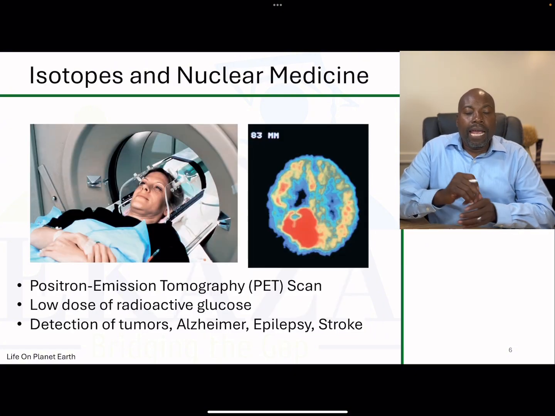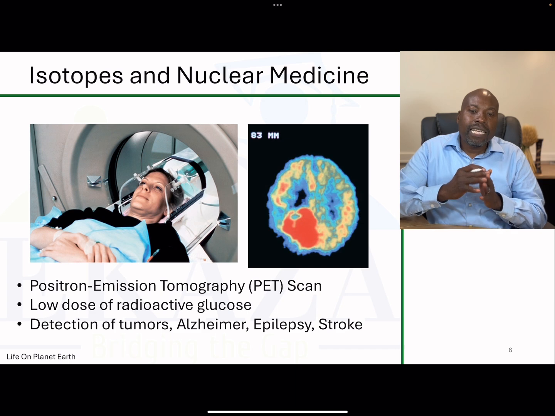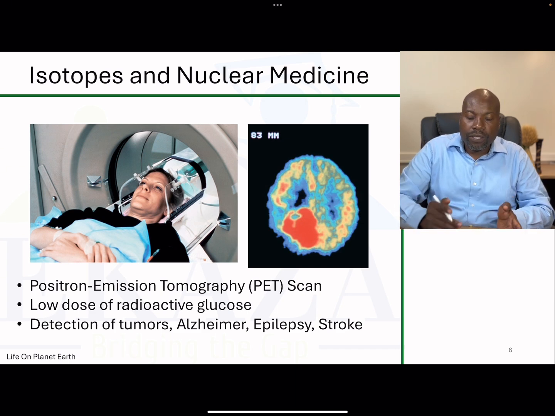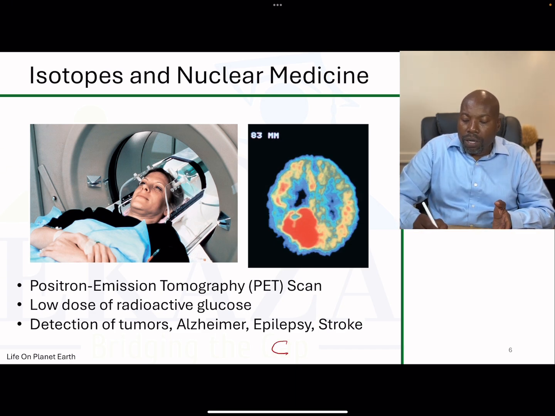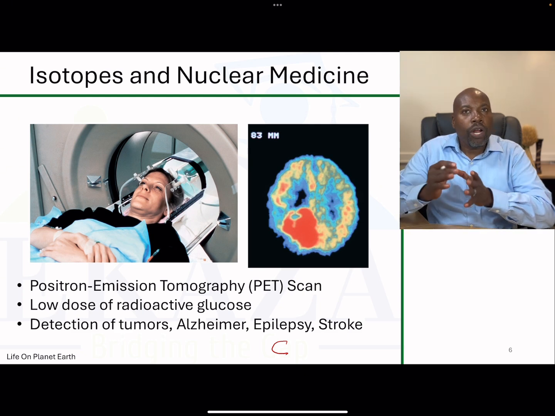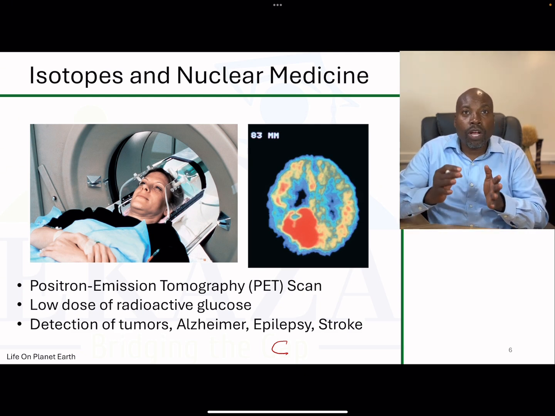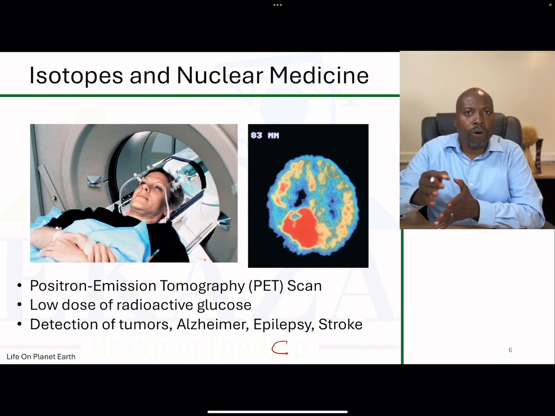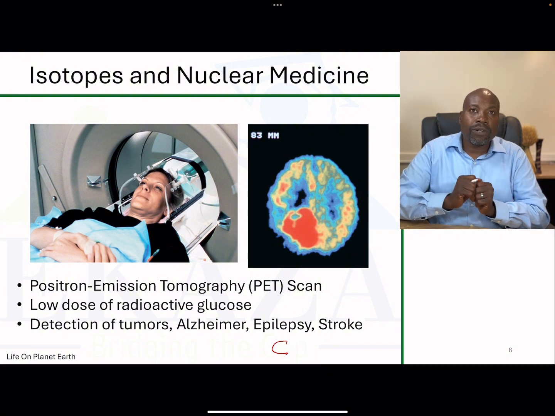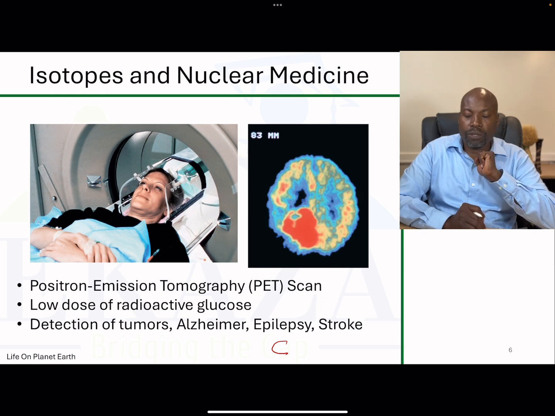Now, elements that we find in nature, such as, for instance, carbon, can occur, not always, in multiple forms. We notice, for instance, that carbon occurs in 3 forms.